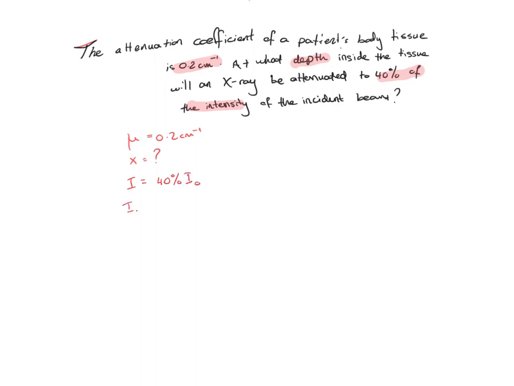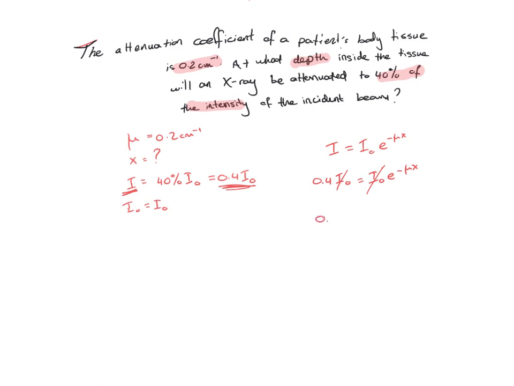I'm not given I naught, but I definitely know that I have I naught. So that'll be 0.4 I naught. We know that the equation is I equals I naught e to the minus mu x. Here we already know that I will be 0.4 of I naught. I naught and I naught can cancel, because if I divide both sides by I naught, they will be removed.